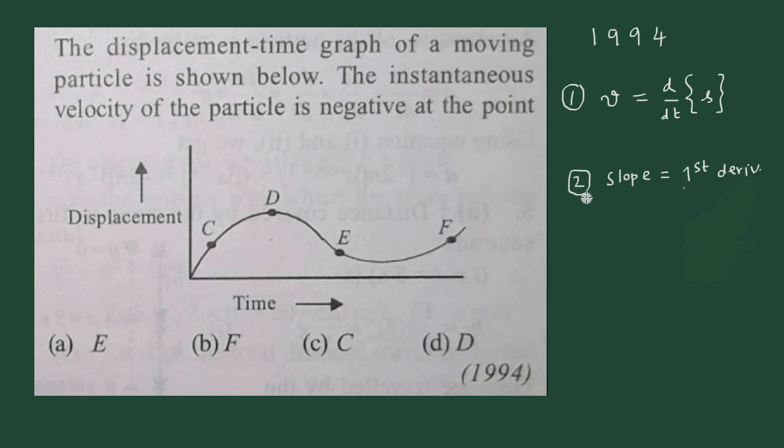Now what we have to do is combine concepts 1 and 2. The first concept is in mechanics and the second concept comes from mathematics. It says that the slope is essentially representing the first derivative of a curve. Now we are going to merge, or combine, the concepts 1 and 2.